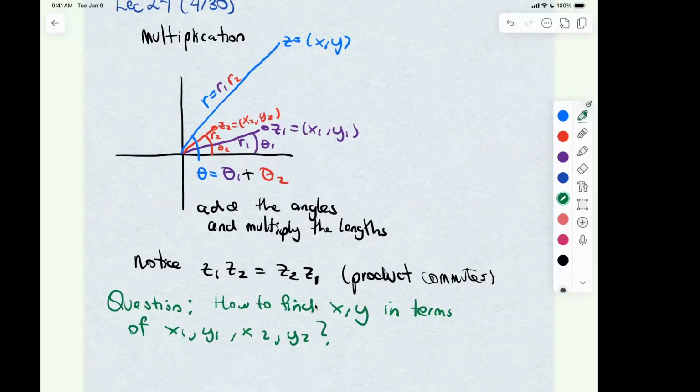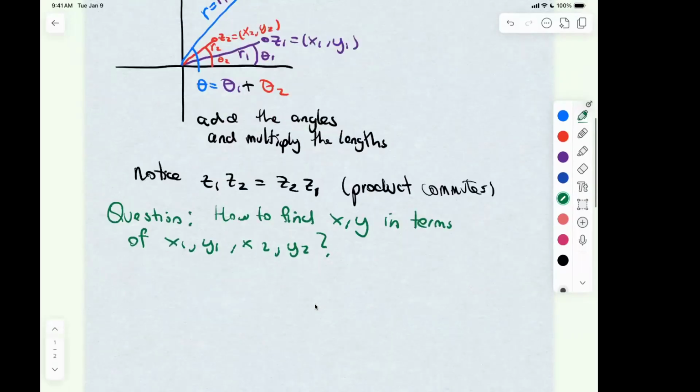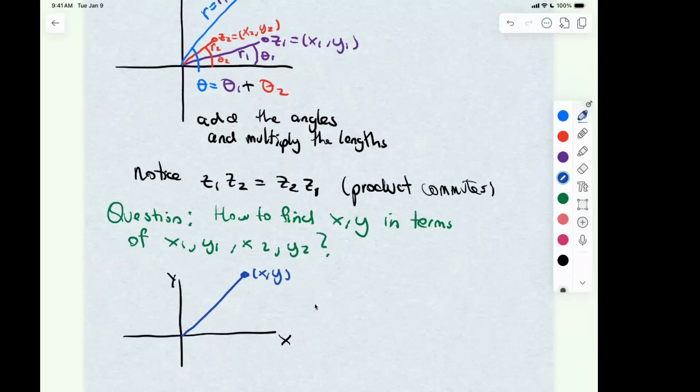Okay, and as with many of these things, it always boils down to a right triangle. The right triangle is the most important triangle of all. So let me draw the right triangle that we need here. If this is X, Y, there's a right triangle here.